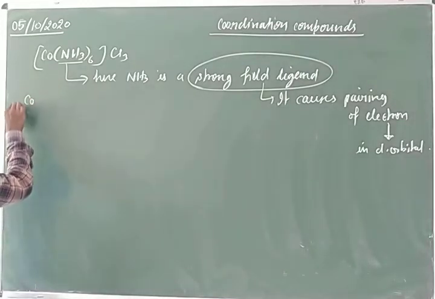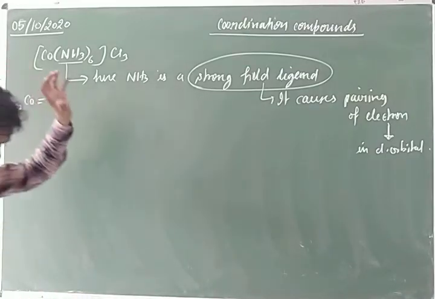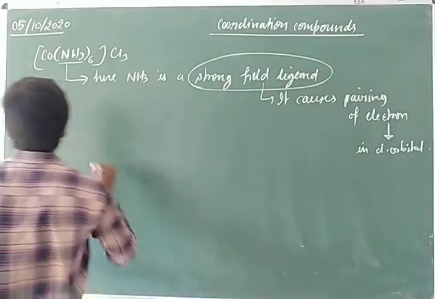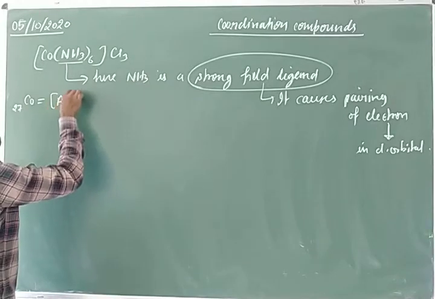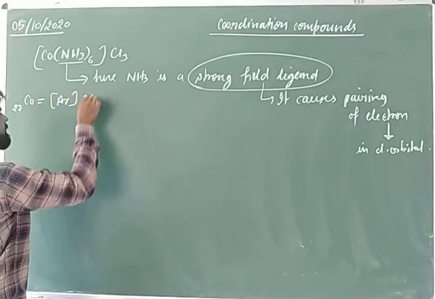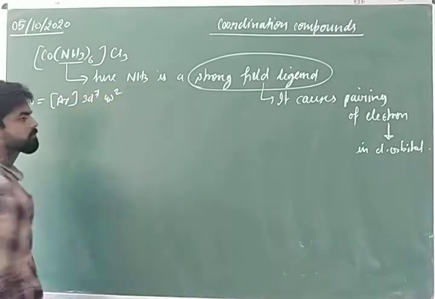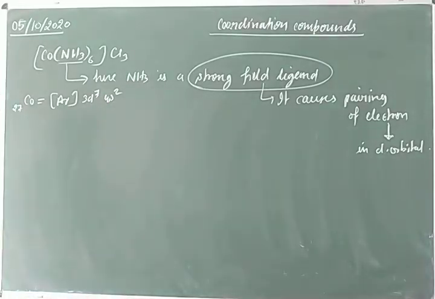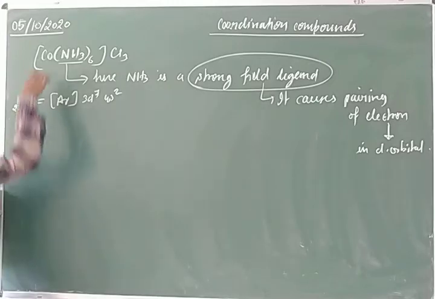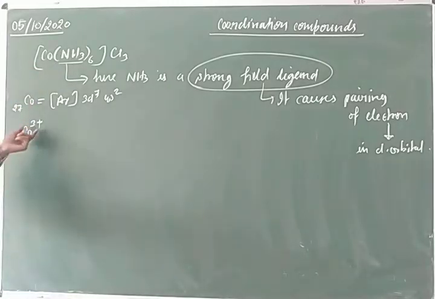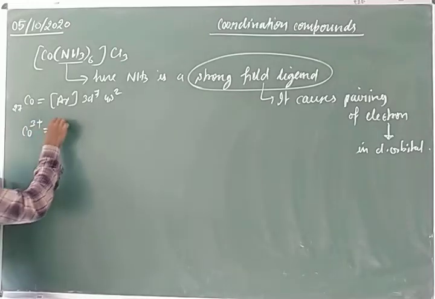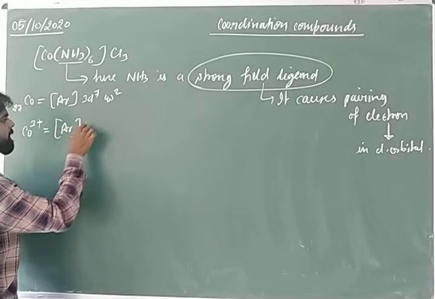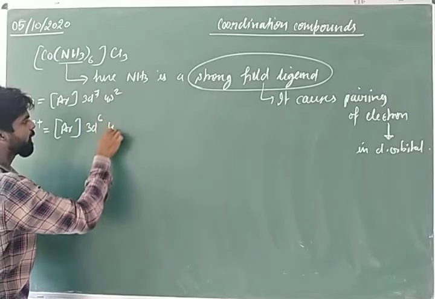Cobalt has atomic number 27, and its ground state electronic configuration is the argon core with 3d7 4s2. But in the +3 oxidation state, cobalt bears 3 positive charge, and the electronic configuration will be 3d6 4s0.